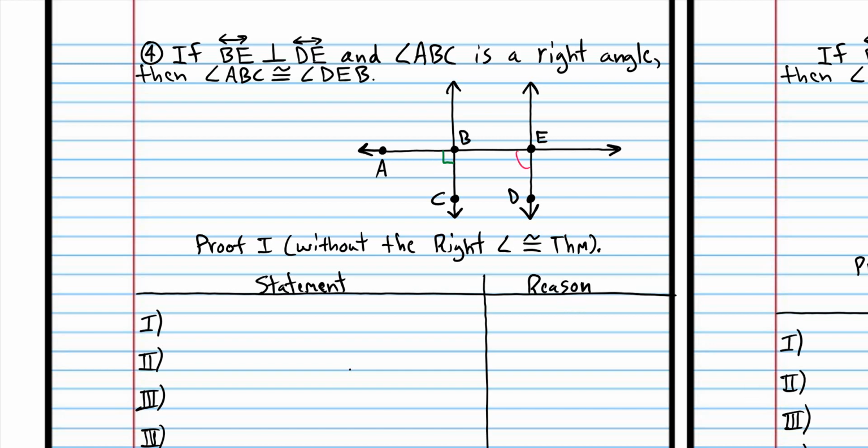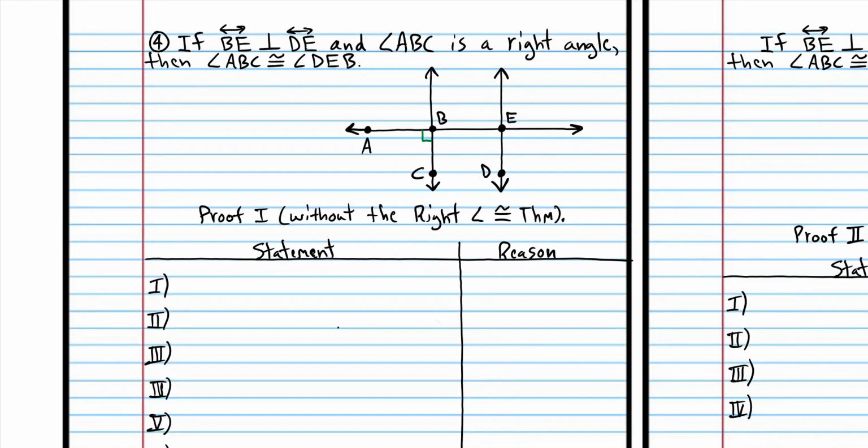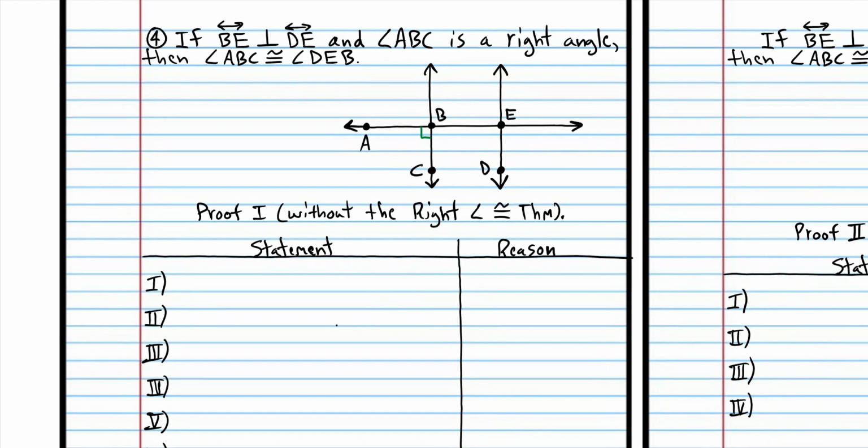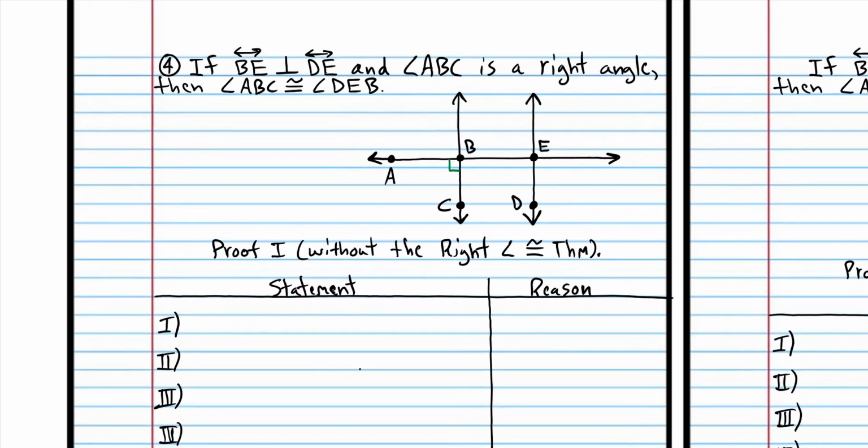So if angle DEB is 90 degrees, because that's the one we care about, and this is 90 degrees, then obviously they're congruent. You have to prove that. But again, you're not allowed to use the right angle congruence theorem. We're going to do that in the next proof. So try number 4, and when you come back, we'll do it together.